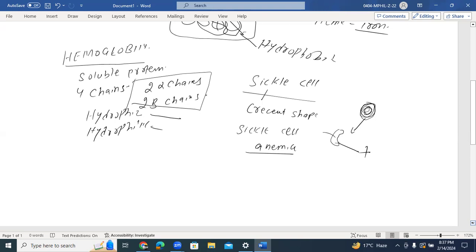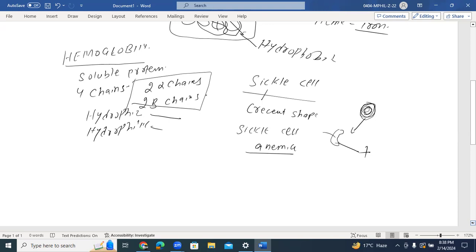It means the body may have red blood cells, but those red blood cells will not perform their function, because they deform and change their shape because of this hemoglobin. The primary function of red blood cells is to transport oxygen with the help of hemoglobin. If the hemoglobin is deformed and not performing its function, there is no benefit or purpose of this red blood cell in the body of an organism. So here we can say that sickle cell anemia is actually the deficiency of functional RBCs.